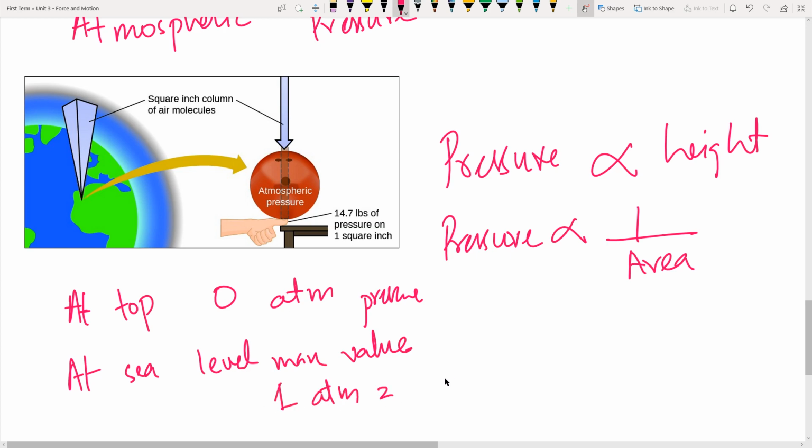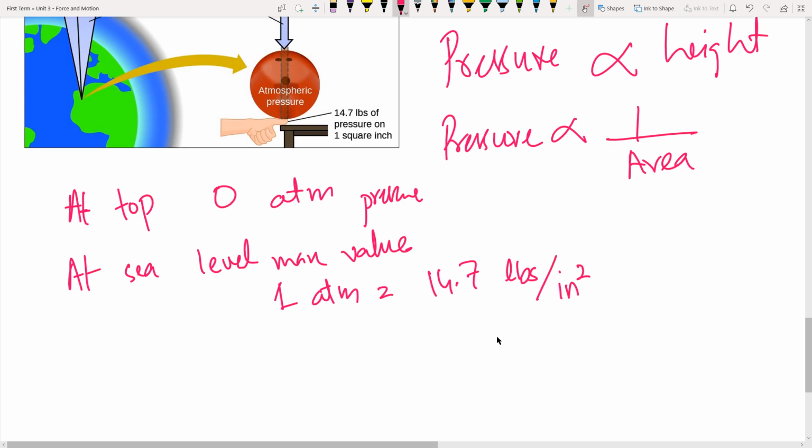That is equal to 14.7 pounds of pressure, we can say pounds per square inch, or that is also equal to 14.5 psi, what we usually say is 14.7 psi. So there are many ways we write this, but 14.5 is the most agreed upon value.